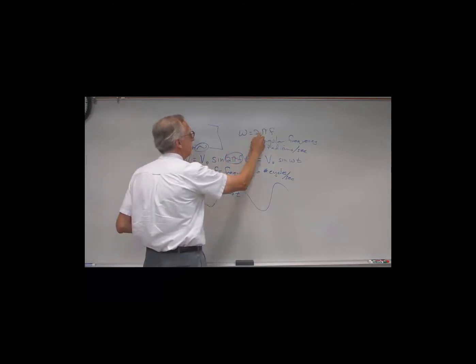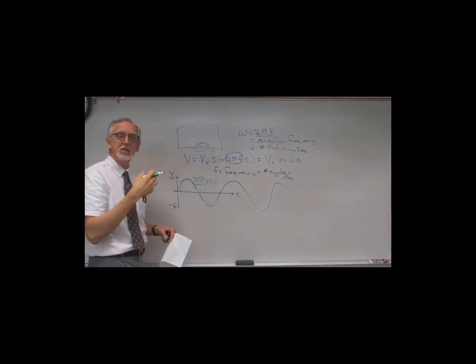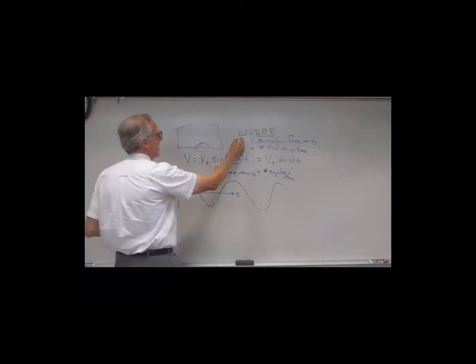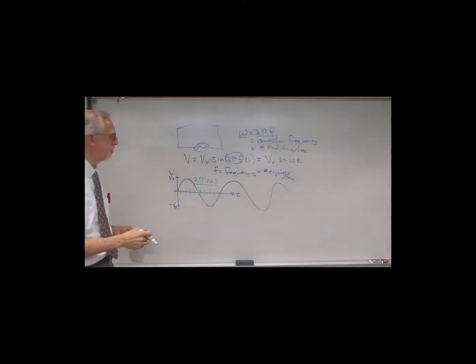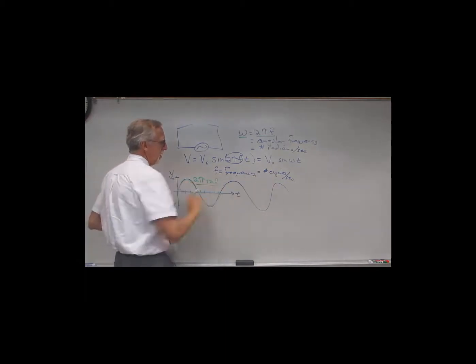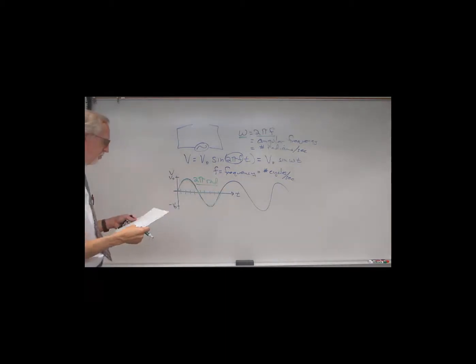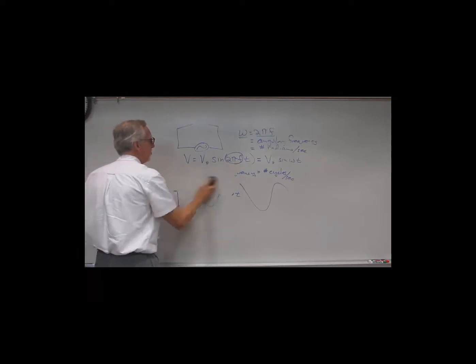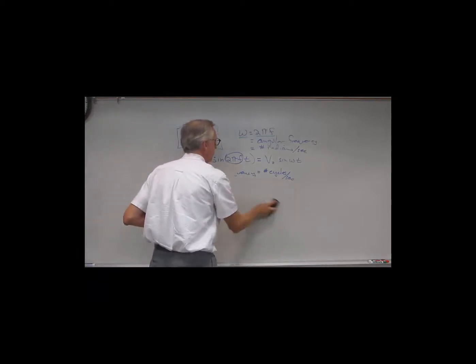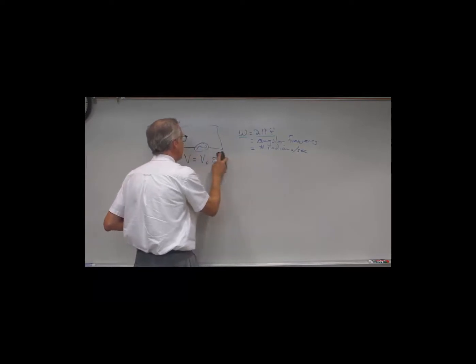We have then 2 pi f radians per second. So omega is telling us our angular frequency. How many total radians per second is our voltage oscillating through? Okay, so let's keep in mind, we're going to write V then as V naught sine omega t.